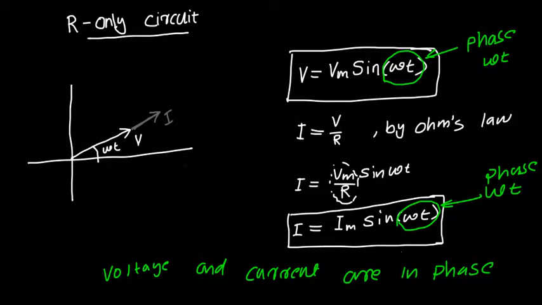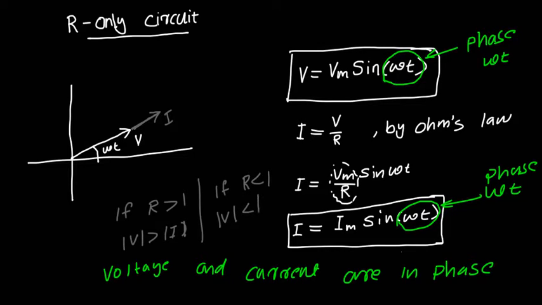The magnitude of current can be any magnitude according to the value of R. If R is greater than 1, the magnitude of voltage will be greater than the magnitude of current. If R is less than 1, the magnitude of voltage will be less than the magnitude of current.